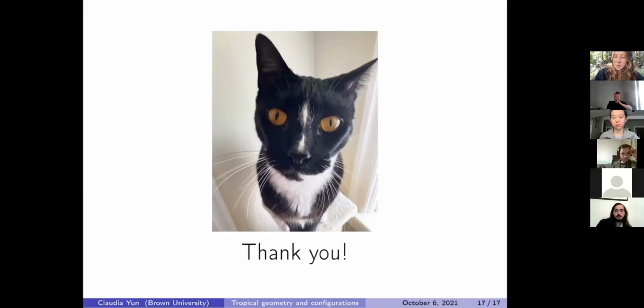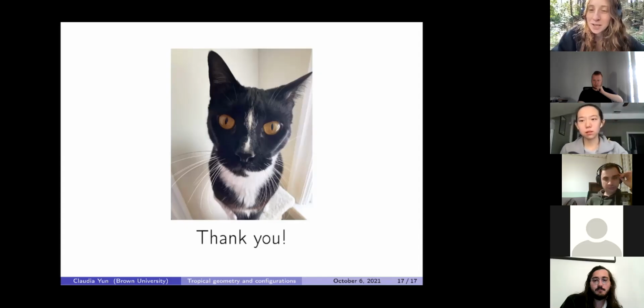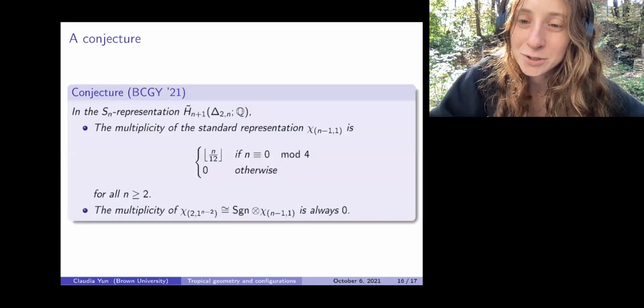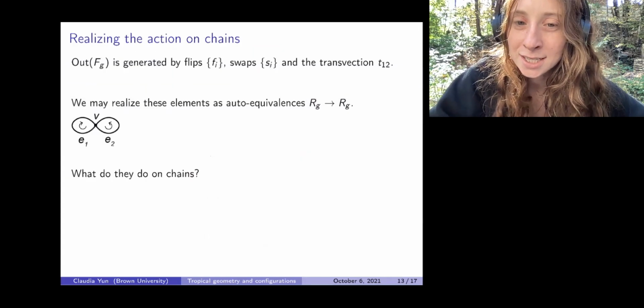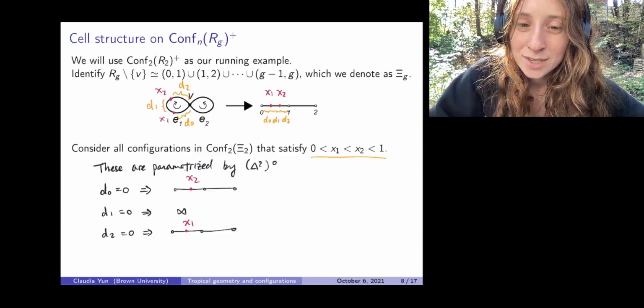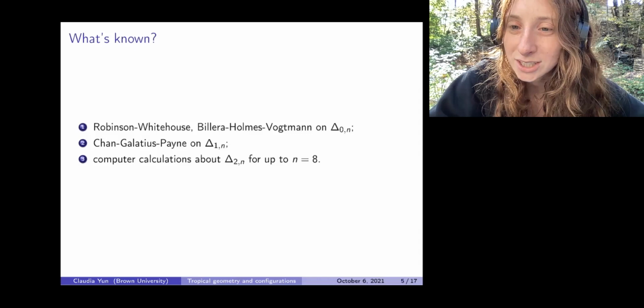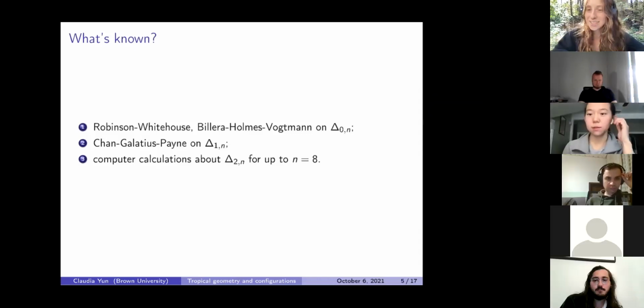I'm coming from the perspective of knowing about the White House representation, the genus 0 case. There are a lot of things about that representation that are interesting. I totally agree.